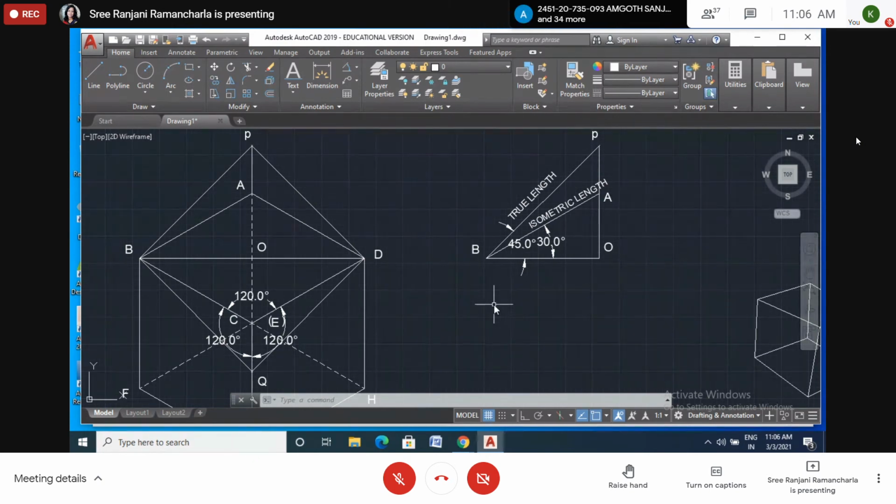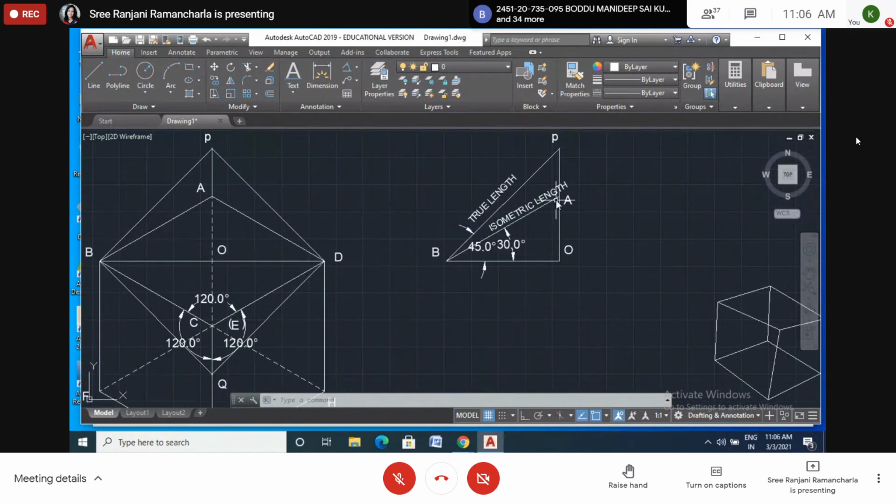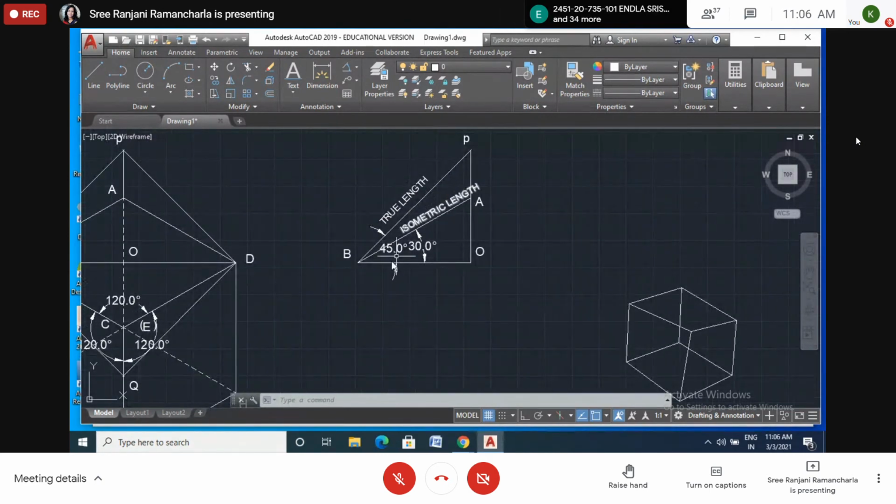Okay. Now, next line. In triangle ABO, cos 30 degrees equals BO by BA.